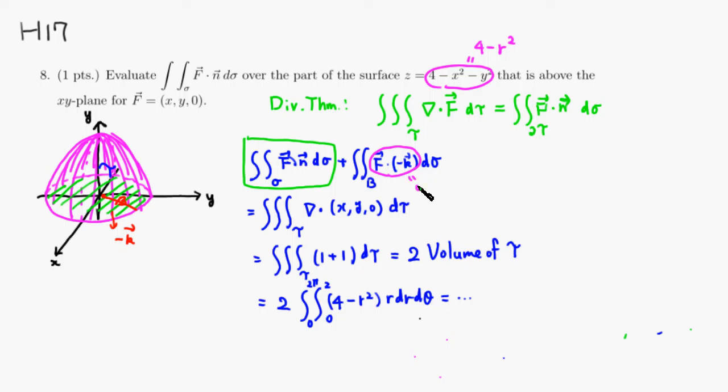So this guy is actually 0, and you can cancel that out. So what you get here is exactly the same value that you're looking for. What we have to do is evaluate the volume of this bullet solid and multiply by 2. That's it. I hope that this was clear.